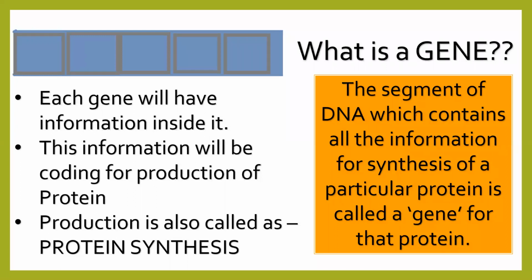I'm repeating it once again. What is a gene? It's the segment of DNA which contains all the information for synthesis of a particular protein, called the gene for that protein. Okay? Time's up for now.